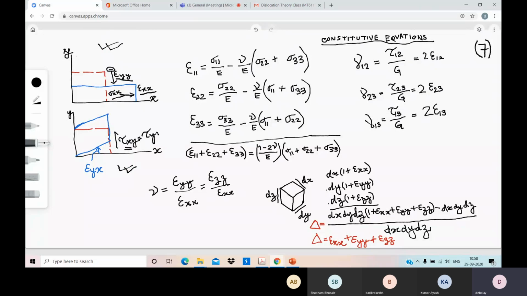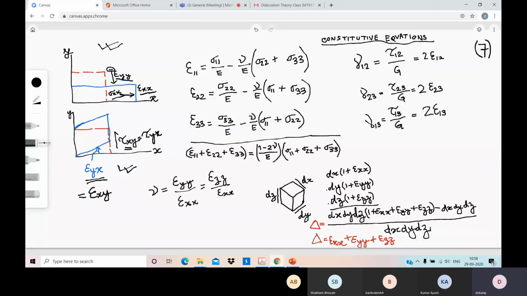So as a result, the strain component I am getting is epsilon yx, which is again equal to epsilon xy, and gamma xy or gamma yx equals 2 times epsilon yx or 2 times epsilon xy.